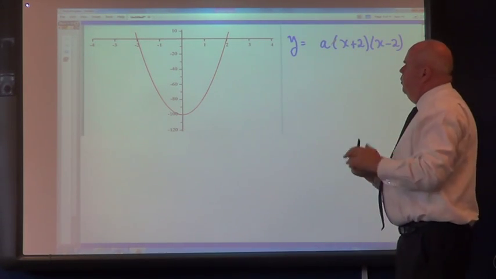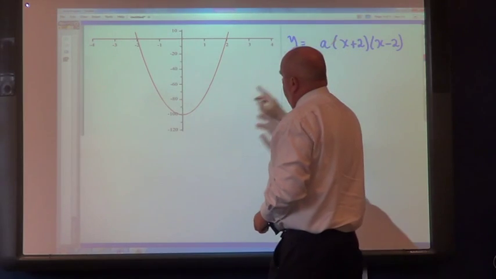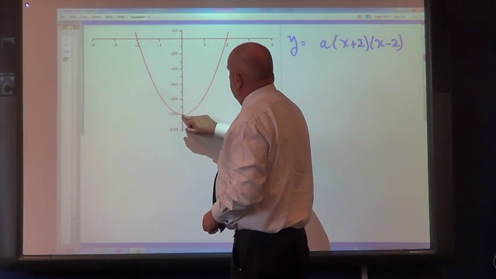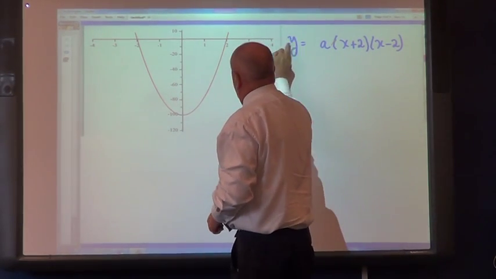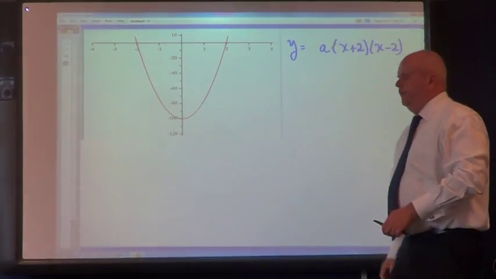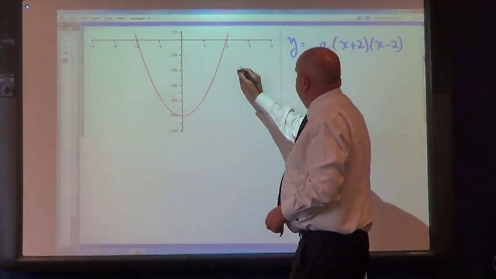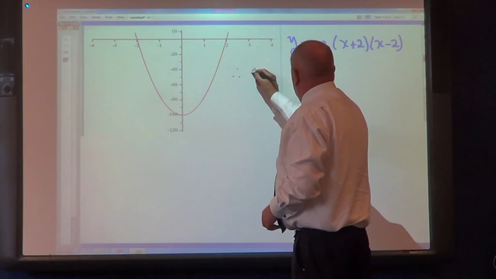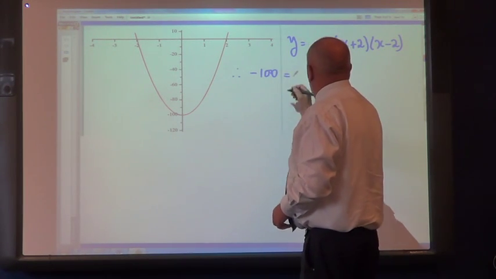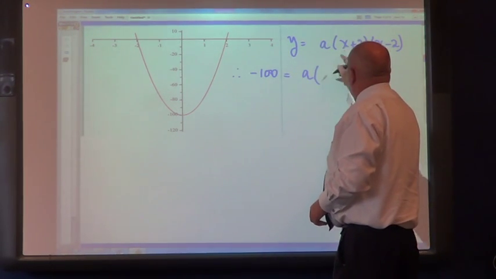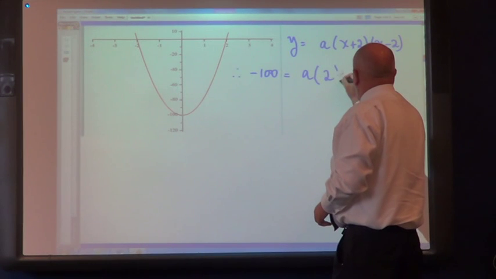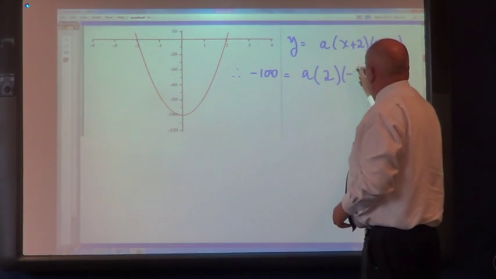So what do we do? Well, the procedure here is that we know the y-intercept is -100, so we let y equal -100 and x equals 0. Okay? So therefore, -100 equals A, we're letting that equal 0, and we're letting that equal 0.